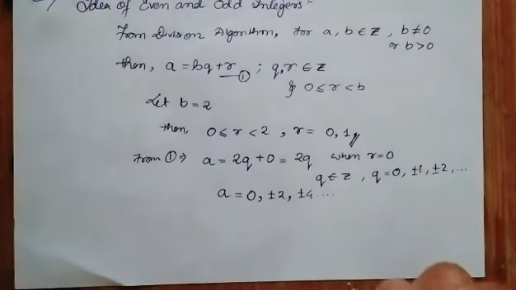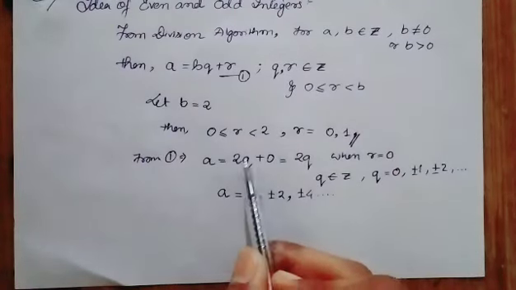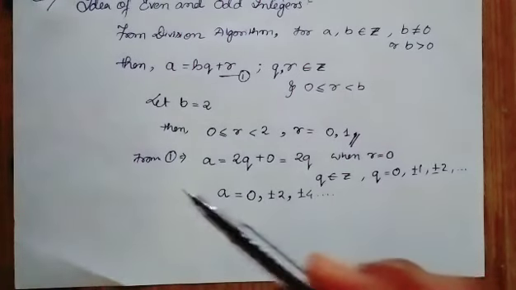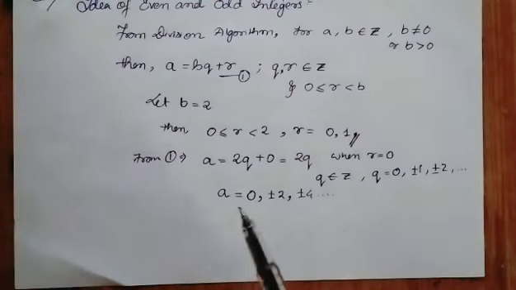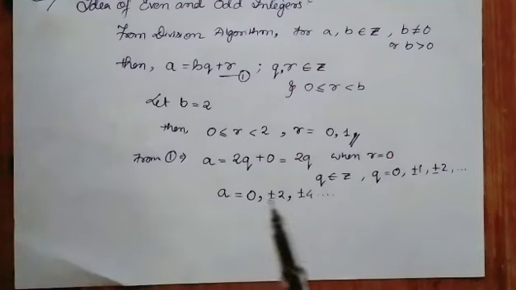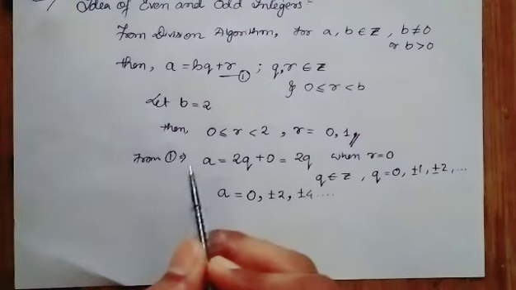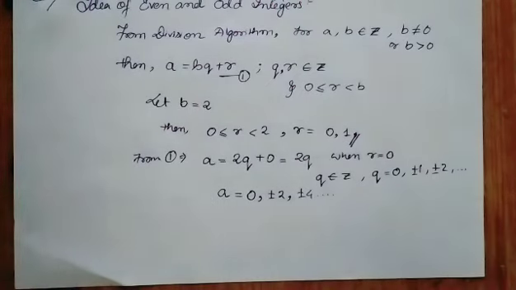So we can conclude now that when a is equal to 2q, if any integer can be expressed as 2 multiplied by some integer, where q is an integer and cannot be a fraction, then this integer a will be an even number.